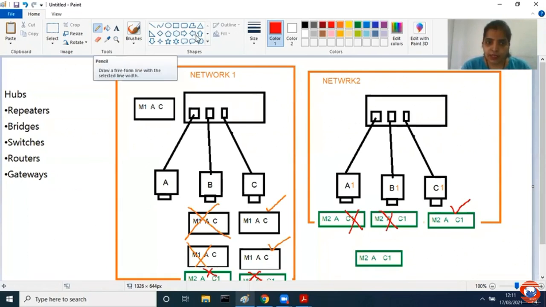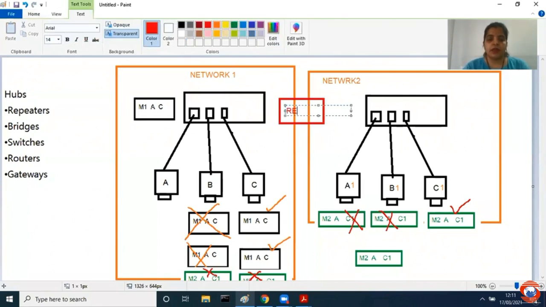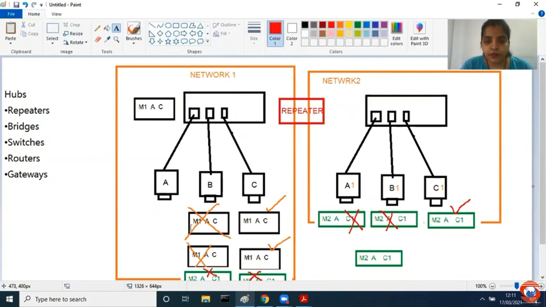So, if I say I wish to connect over the two networks in between, the device which I need is called a repeater. So what is a repeater? Repeater will try to regenerate the signal when it travels from one network to another network. So can I say repeater is a device which is used to connect two different networks?